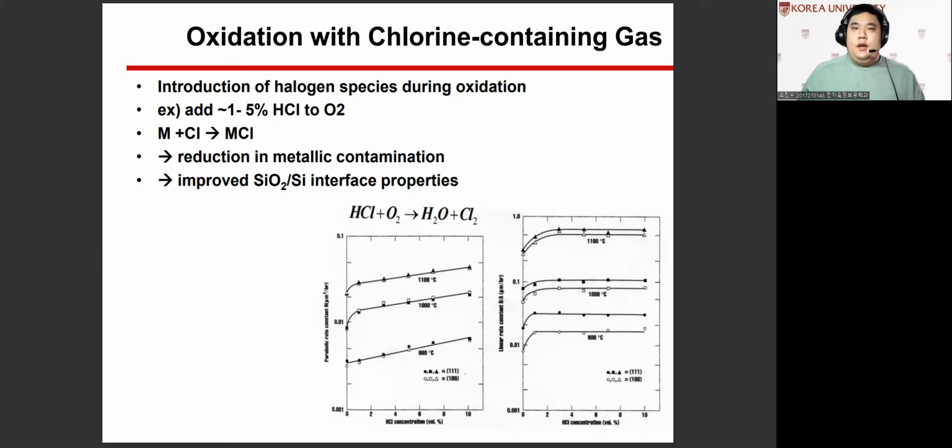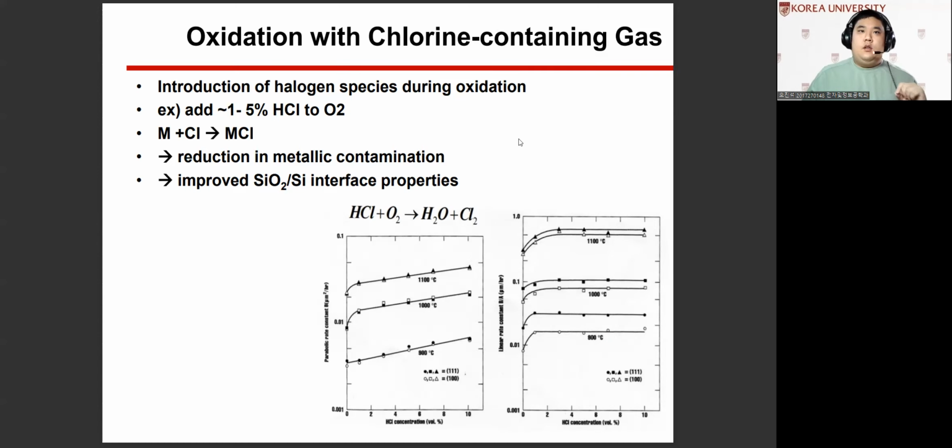Before I tell you about the oxidation in depth, I'm going to briefly tell you about chlorine-containing gas. Even though we do the oxidation in a clean room, some particles or impurities can be left inside, so we put around 1 to 5% of hydrogen chloride gas into the oxidizing gas such as O2 or water vapor.